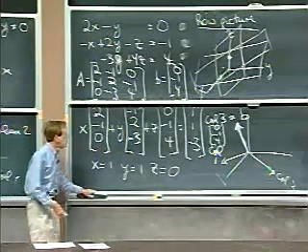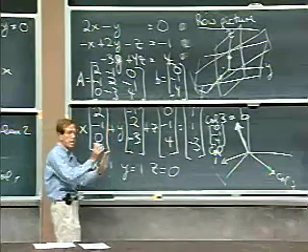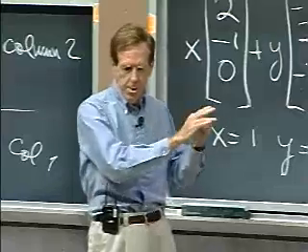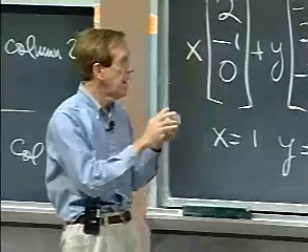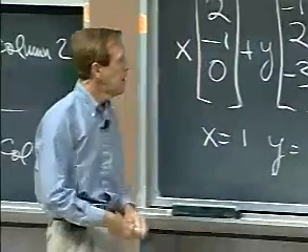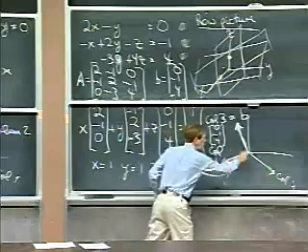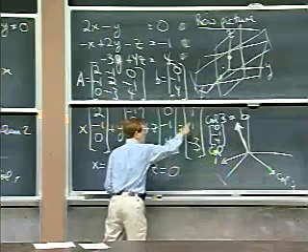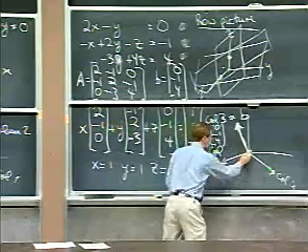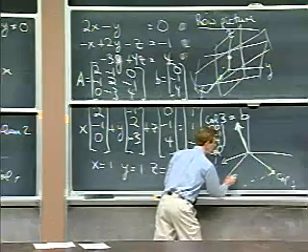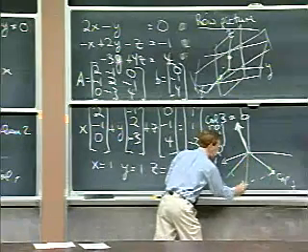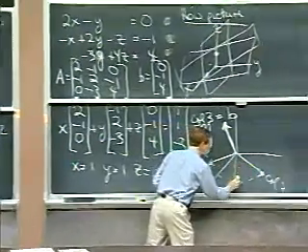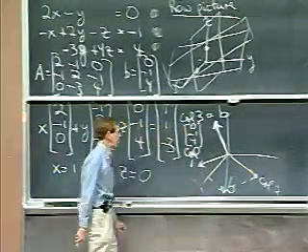So in the row picture, I have 3 different planes, three new planes meeting now at this point. In the column picture, I have the same 3 columns, but now I'm combining them to produce this guy. And it turned out that column 1 plus column 2 is the right combination. One of this and one of this would give me the new B.